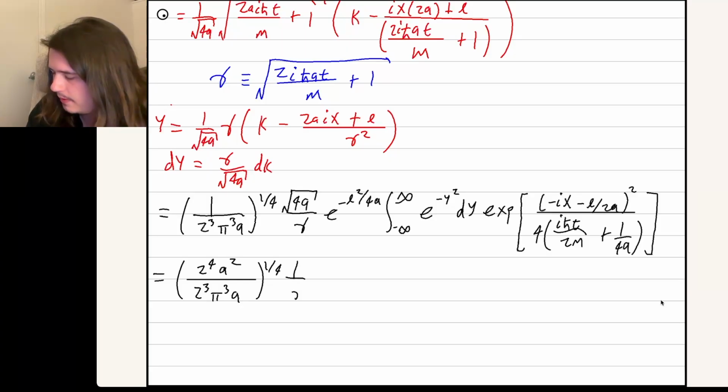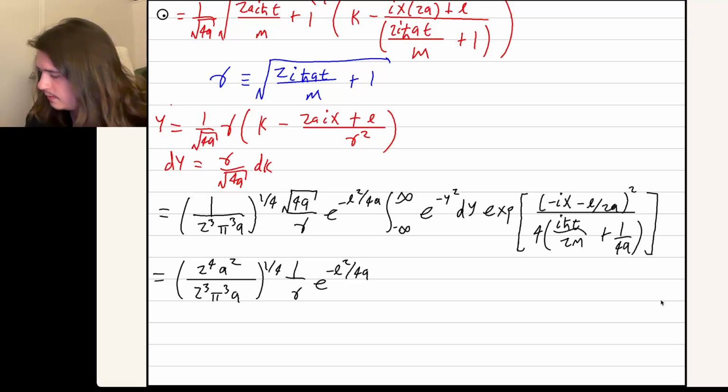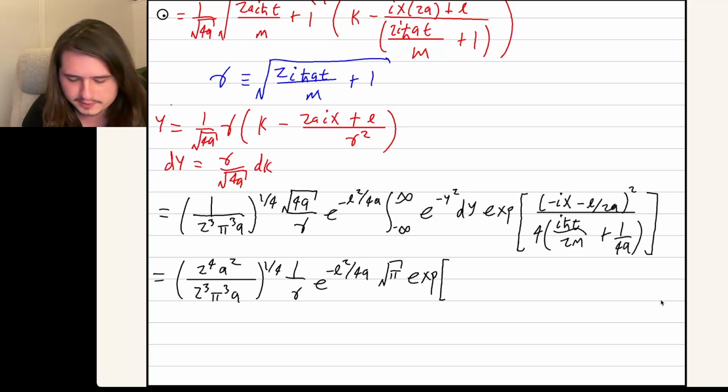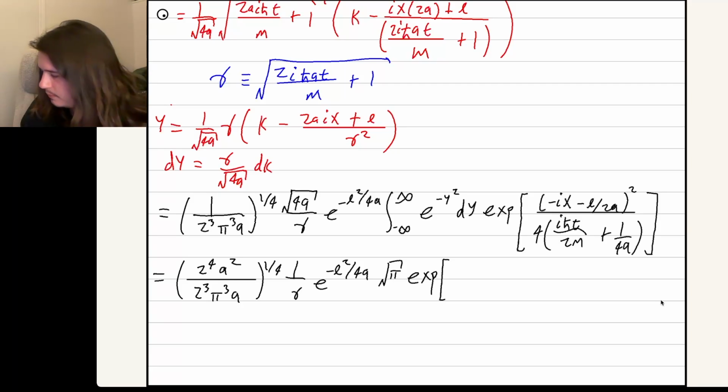We'll leave the gamma outside and we'll have this thing. The result of the integral is just root 4 pi, and then we'll simplify this last exponent term by moving the minus sign out and multiplying everything by a.